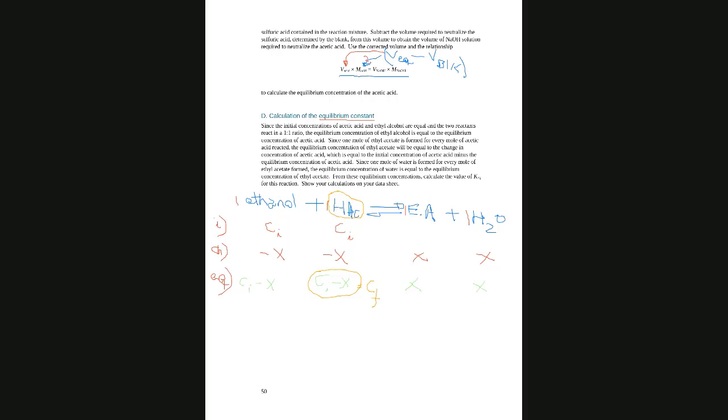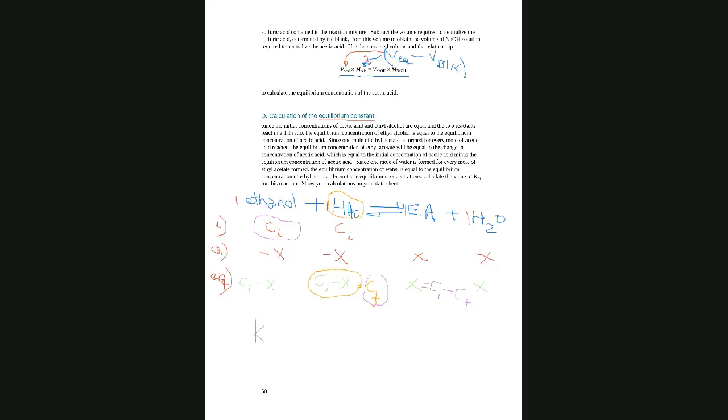So I have two values: Ci, which is known, and CF. If I have those two values, I can calculate x. x is going to be Ci minus CF. And now I'm ready to do the equilibrium constant.